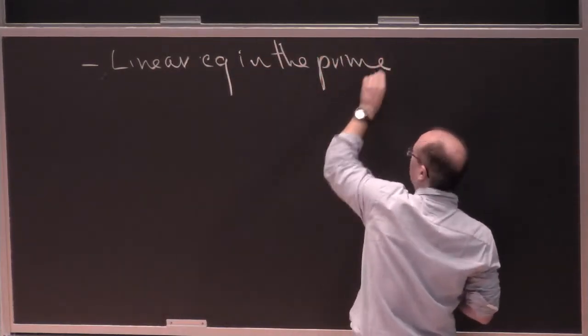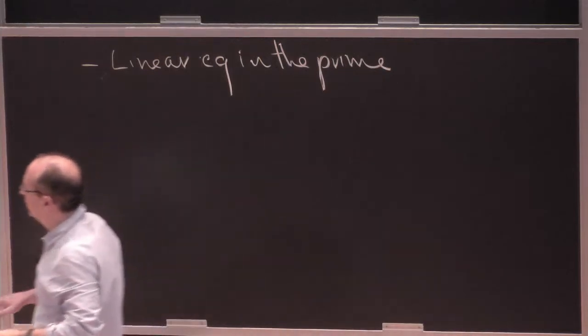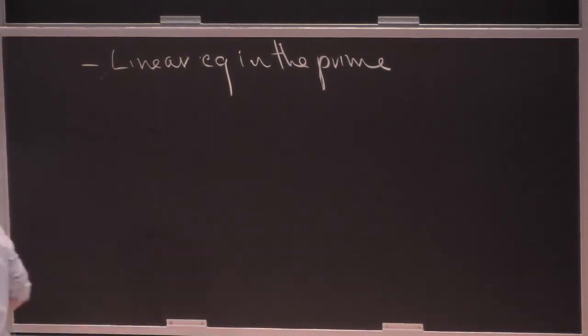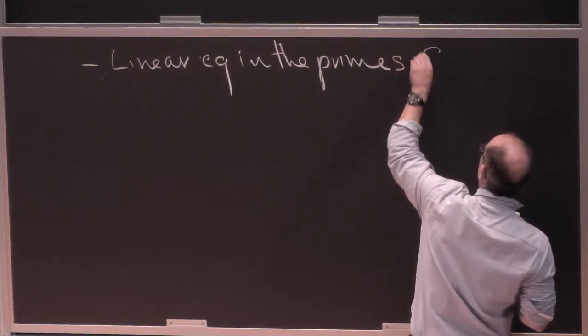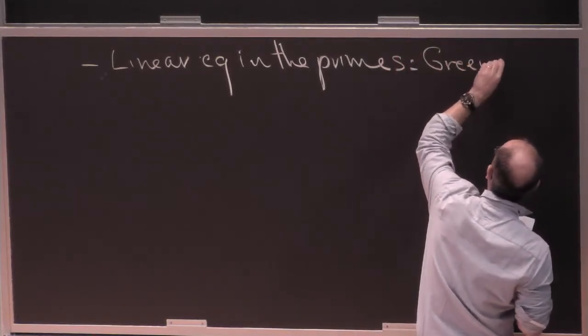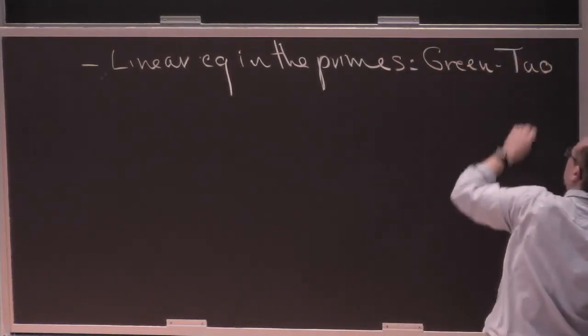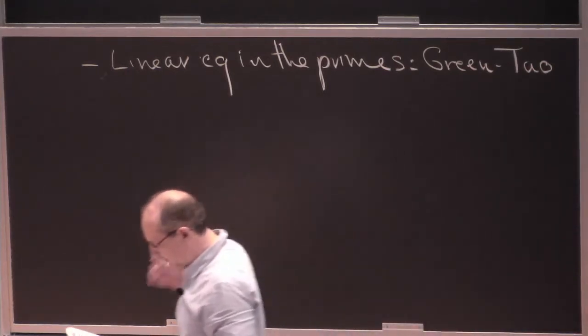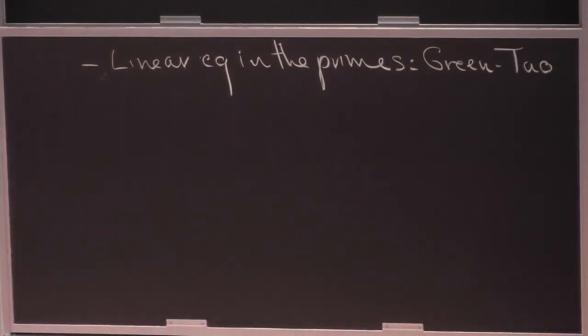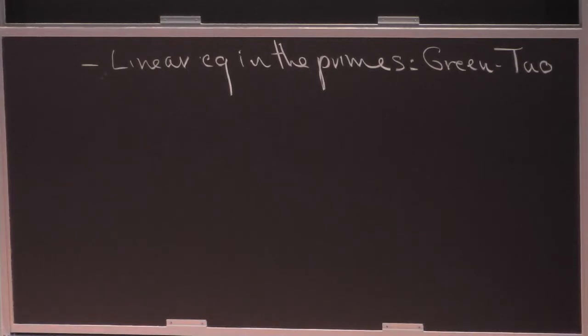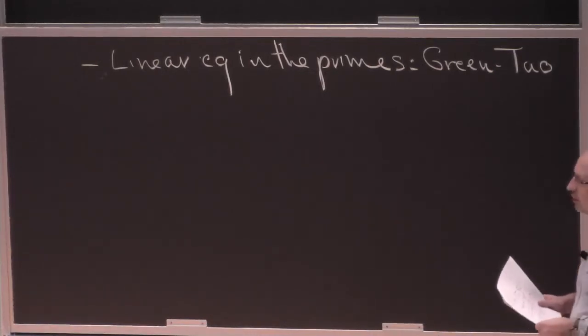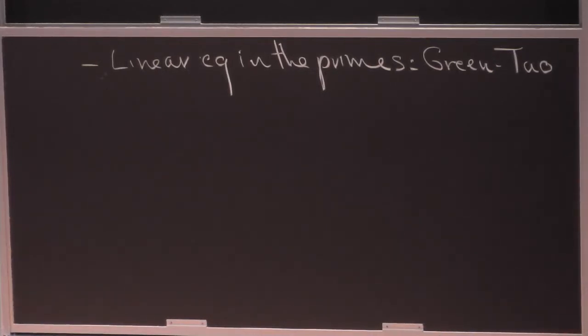A wide generalization of this is due to Green and Tao, and this result borrows a lot from harmonic analysis. But I will not cover this, and it will not be discussed this week, though it should be discussed downstairs, I imagine.